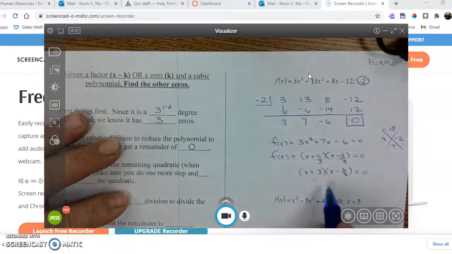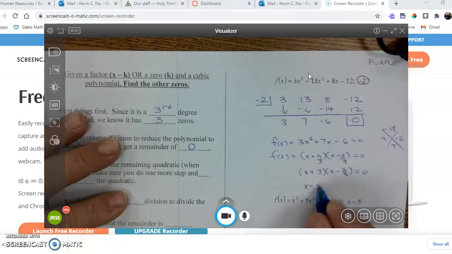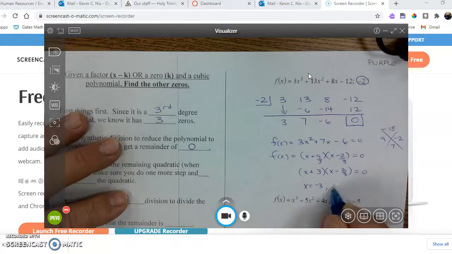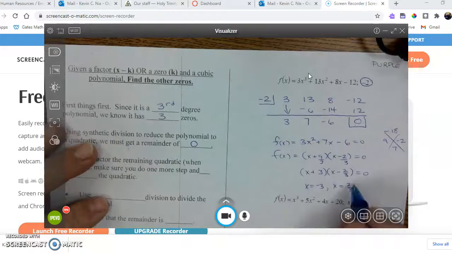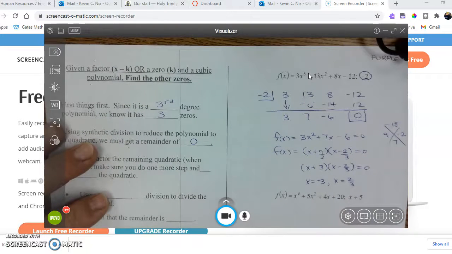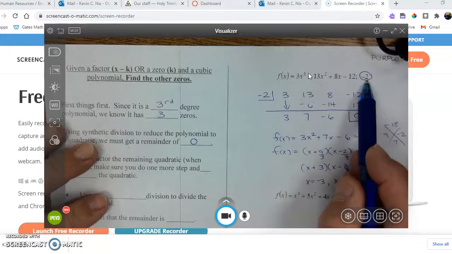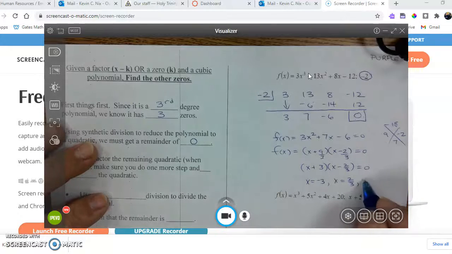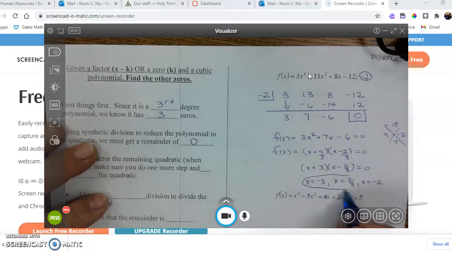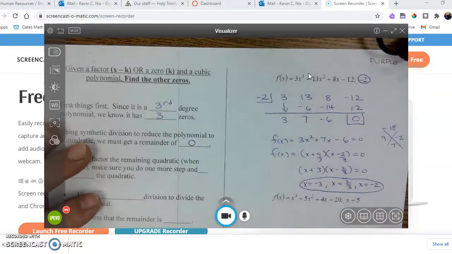Okay, so my last two zeros are x equals -3 and x equals +2/3. Where's my third answer? Well, remember they gave me one of the zeros. They gave it to me right here, so that's my third answer. X is also equal to -2. So those are my 3 zeros of this third degree polynomial.